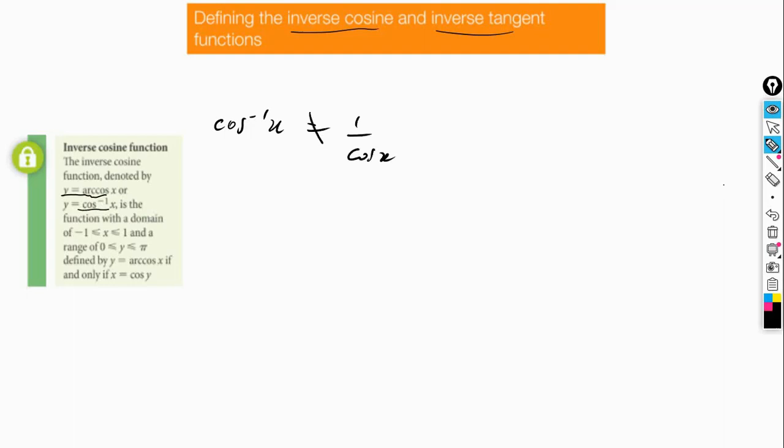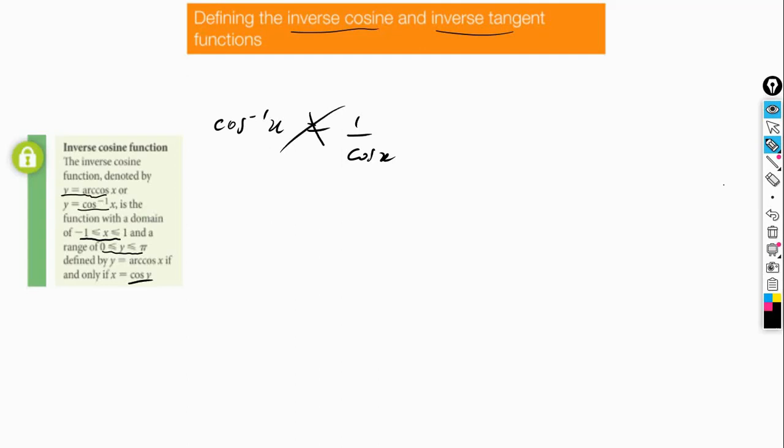This is a wrong equivalency. And then notice again that we have a restricted domain that goes from -1 to 1, including -1 and 1, and a range that goes from 0 to pi, including, of course, 0 and pi. And it is defined by y equals arc cosine of x if and only if x equals cosine of y.